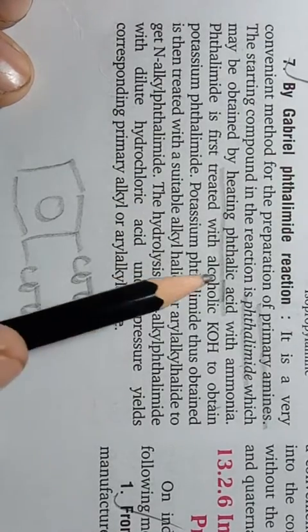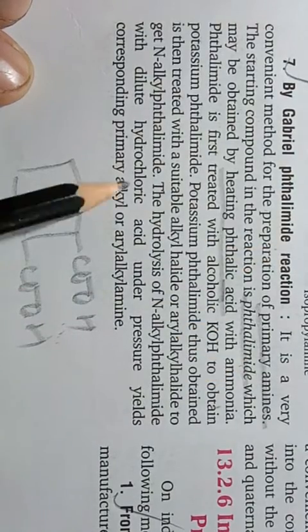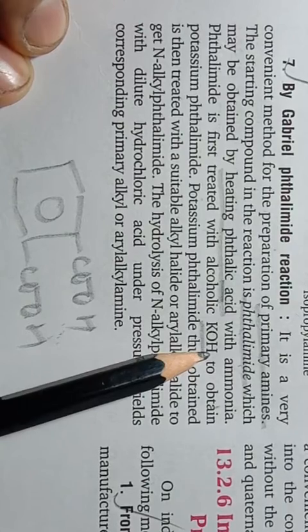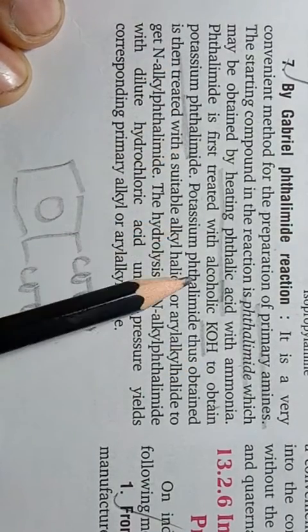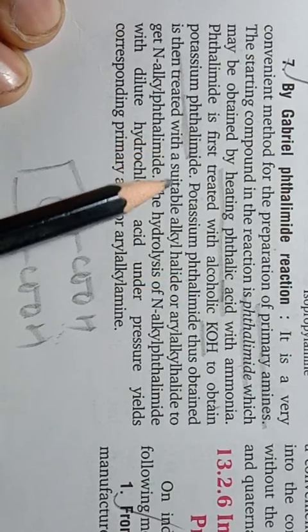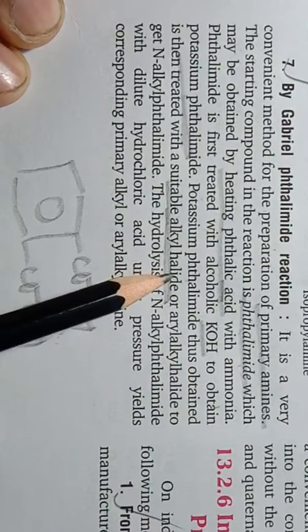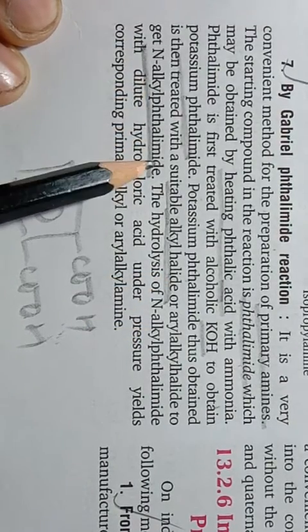So the starting compound for Gabriel phthalimide reaction is phthalimide, and when this phthalimide is treated with alcoholic KOH, we will get potassium phthalimide. This potassium phthalimide is treated with a suitable alkyl halide, and after this we will get N-alkyl phthalimide.